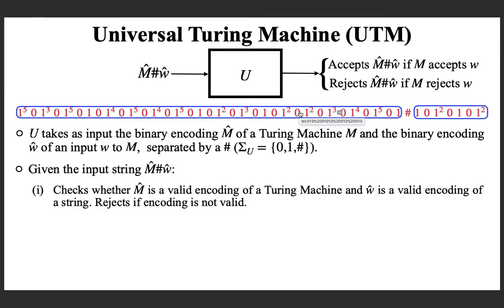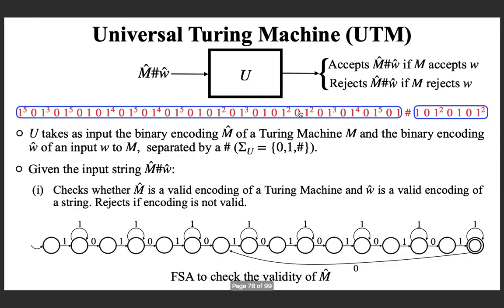In fact, you can have a finite state automaton for checking the validity like this, to check whether the binary encoding is representing a Turing machine or not. You know that it should be represented by the number of states. So a sequence of one or more ones is detected by this part of the finite state automaton, then a 0.